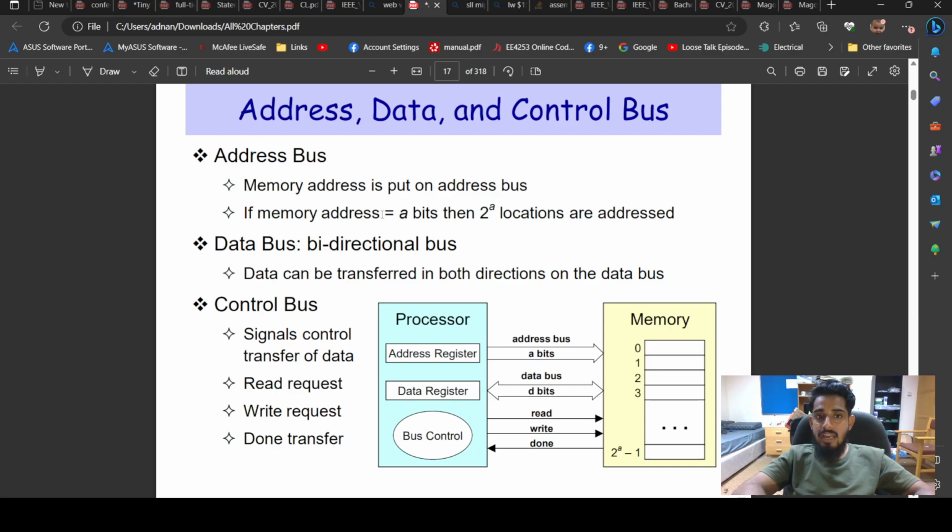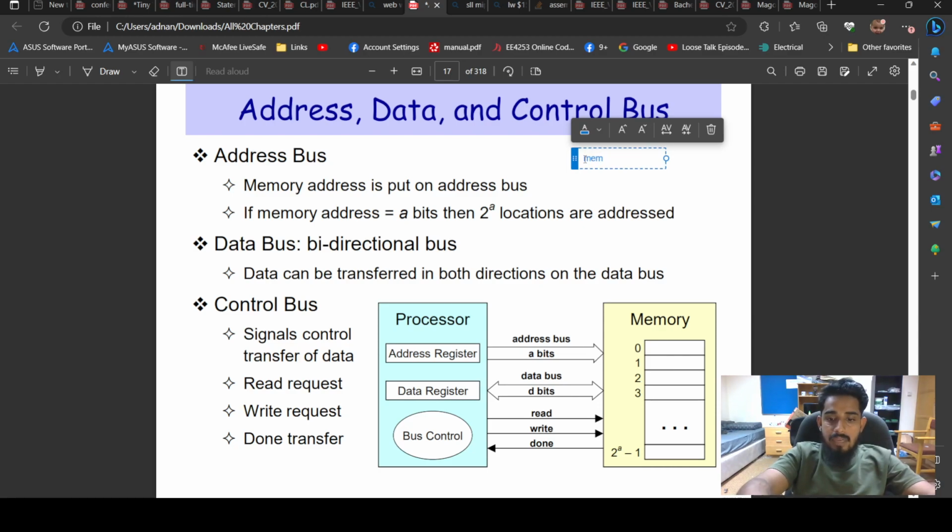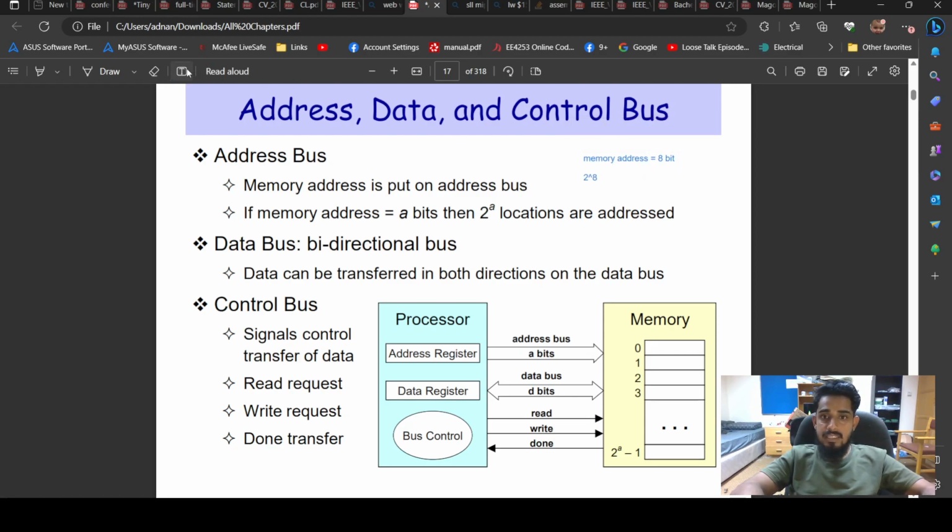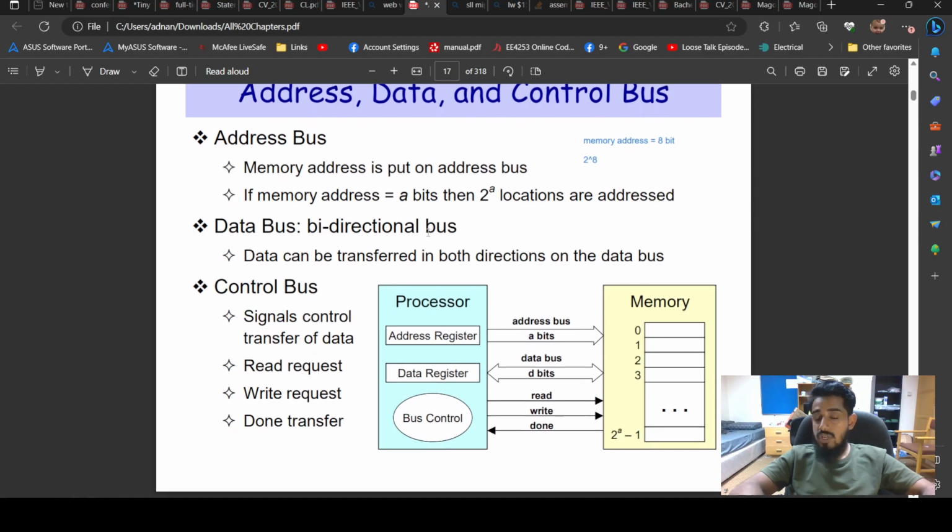Again, let's suppose my memory address is 8 bit. How many locations can I address? 2 raised to the power 8. So from the address bits, you can see how many locations are going to be addressed.